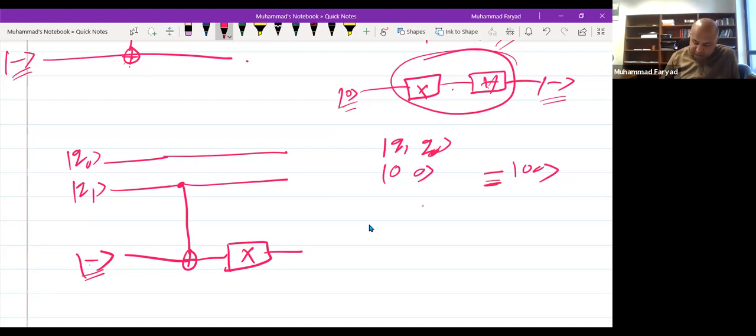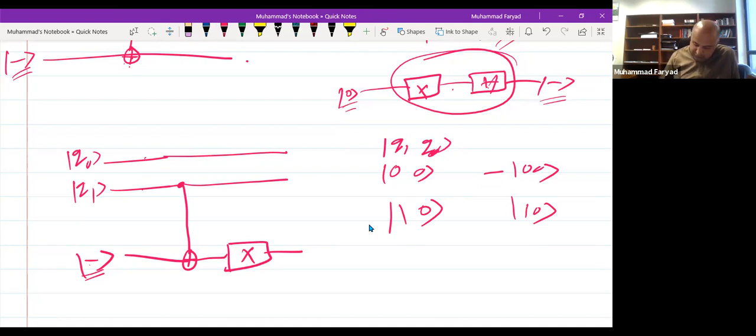Now let's see what happens if this is 0 1. If this is 0 and this is 1, this 1 will apply an X gate, and then there's another X gate, so X into X square is identity, so this 1 0 will come out as it is.